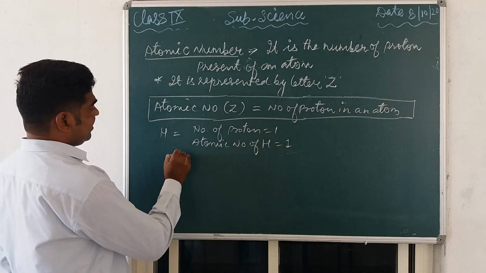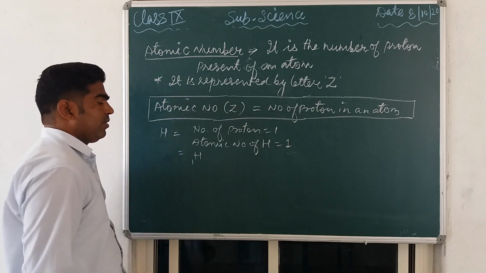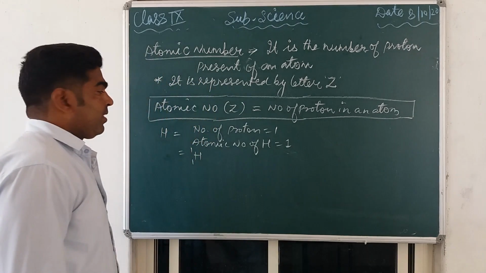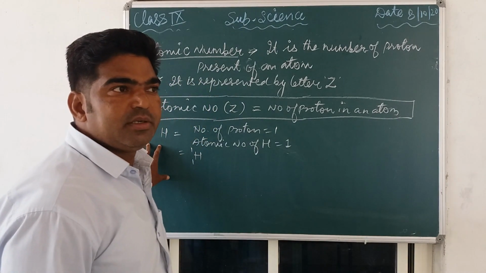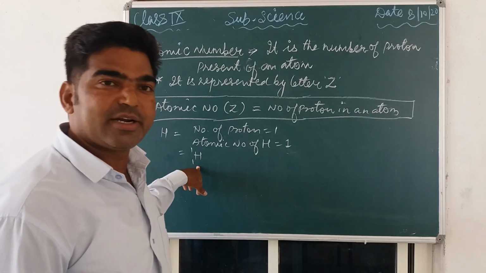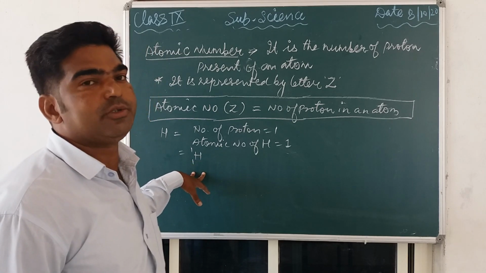You can write it like this, H with 1. Hydrogen is an exception, which has only one proton and one electron. It does not have any neutron.